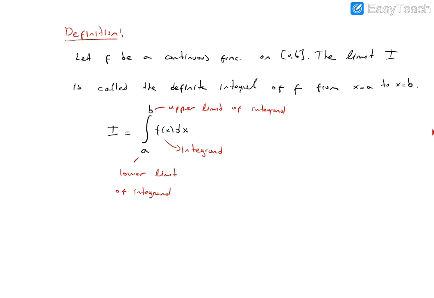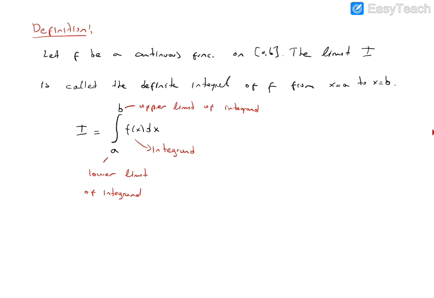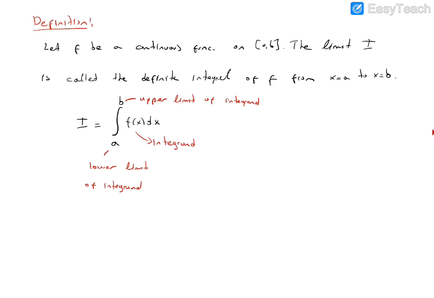So you can consider this definite integral as a limit of the Riemann sum. Generally, this equals the limit as n goes to infinity of the summation from 1 to n of f of Cn times delta x.